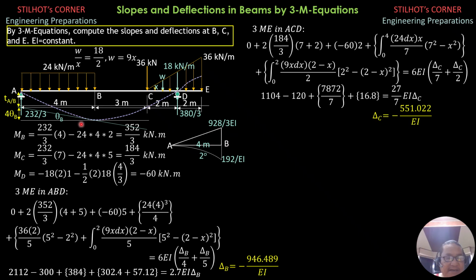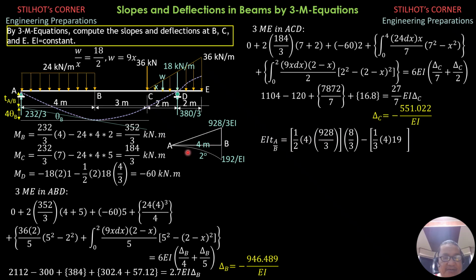928 over 3 EI, 232 over 3 times 4, and this one 192 over EI second degree is 24 times 4 times 2. So the deviation of A relative to B is the moment of the area between A and B, areas between A and B with respect to A. So it is 1/2 of 4 times 928 over 3 times 2/3 of 4, which is 8/3, then minus 1/3 of 4 times 192, moment arm is 3/4 of 4 or 3 meters.